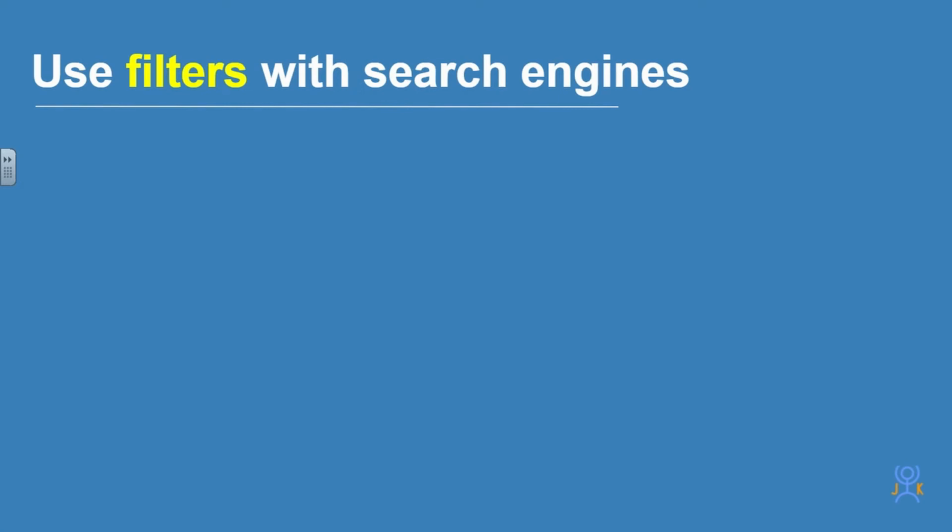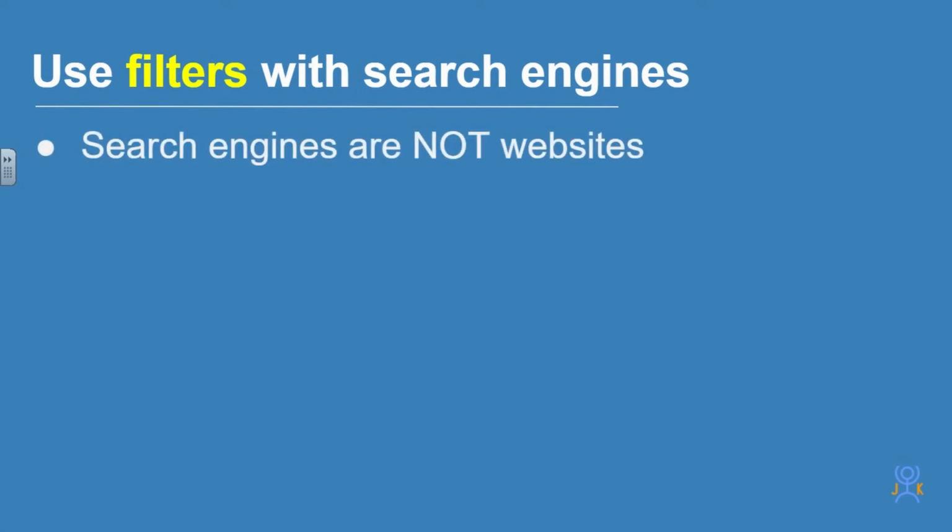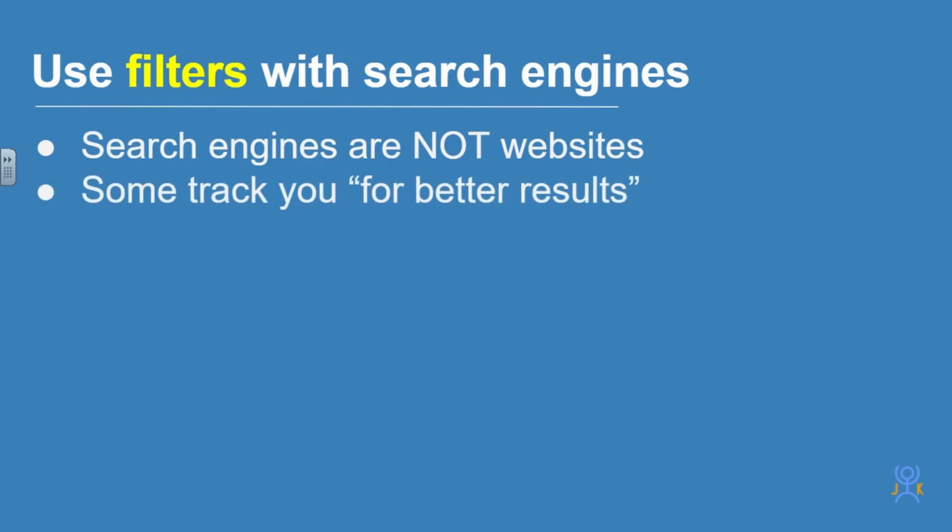Right, when using filters with search engines, before you start, search engines are not considered websites, so when you refer to images, don't put the search engine link to the actual websites. More on that later. Some search engines track you for better results, supposedly, and they do.